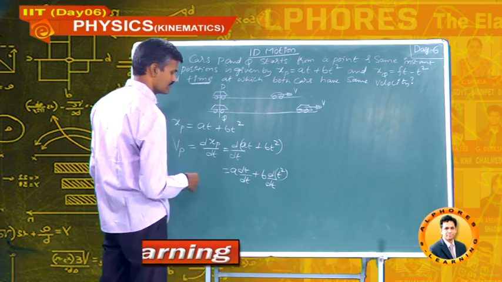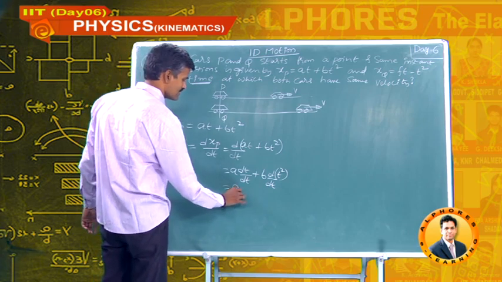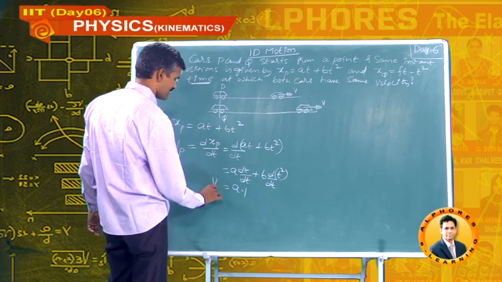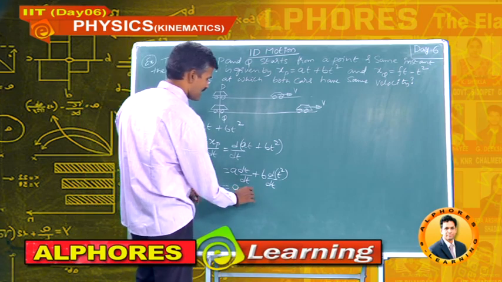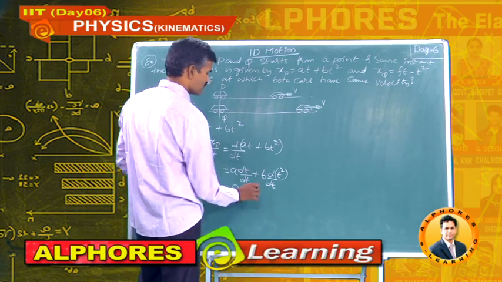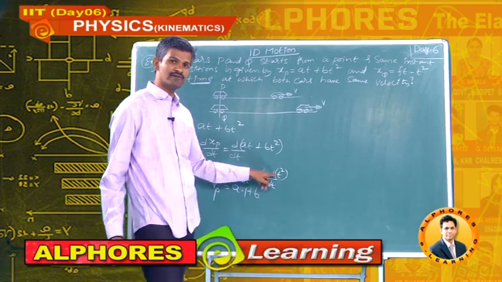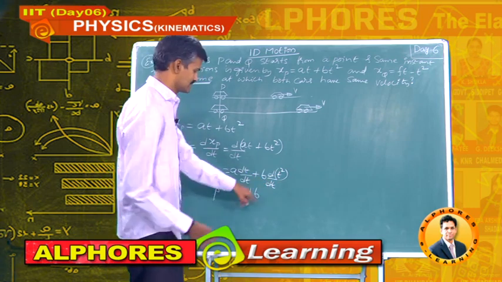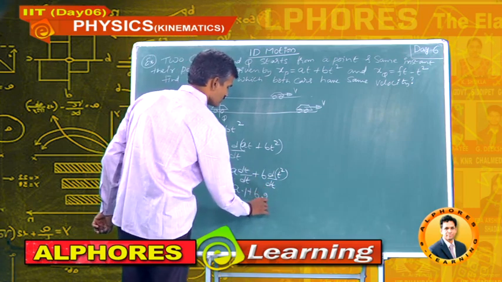This is A into 1, this is the velocity of P, plus B into the derivative of t square, which we already know is 2t. So this is A plus 2B into t.